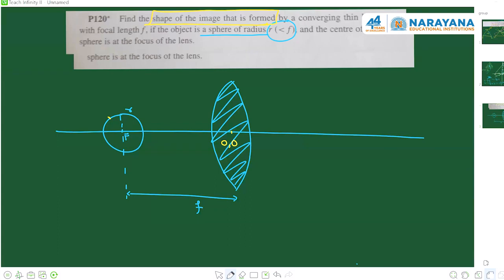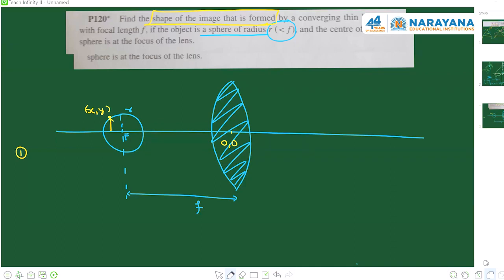So take some point here, a general x, y, and let's try to find out the image of this point. Let me apply a simple idea: I want to look into the locus of all the points which are treated as objects and their corresponding locus, which is your image.